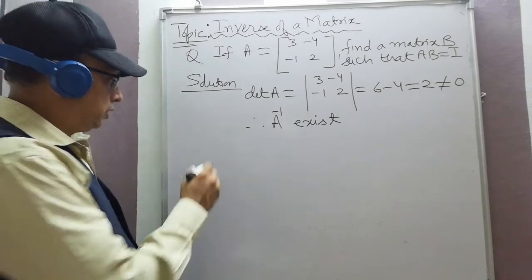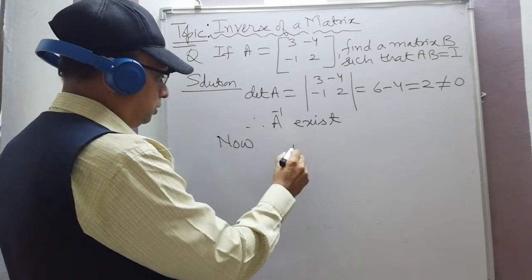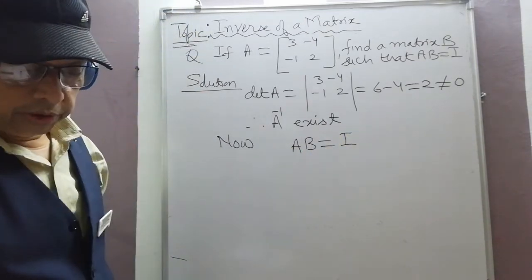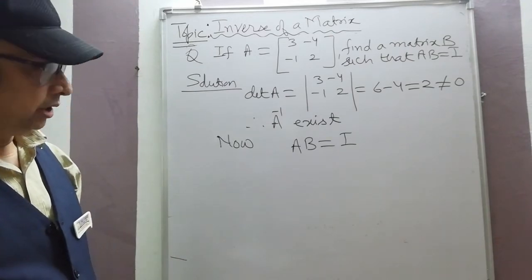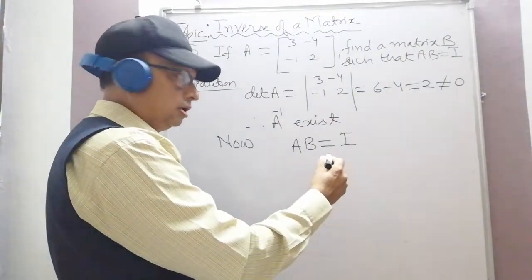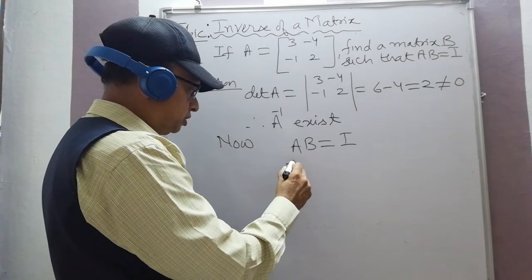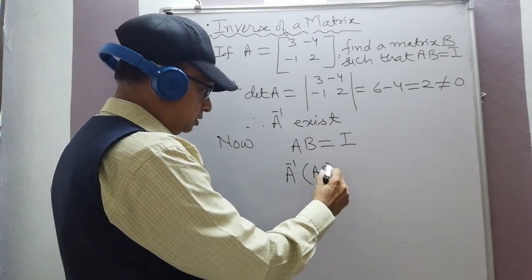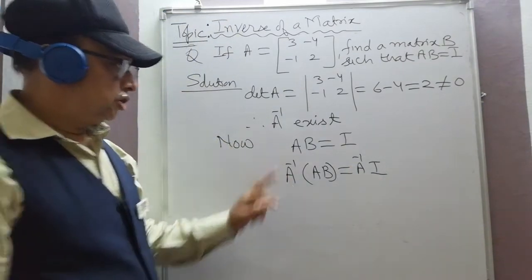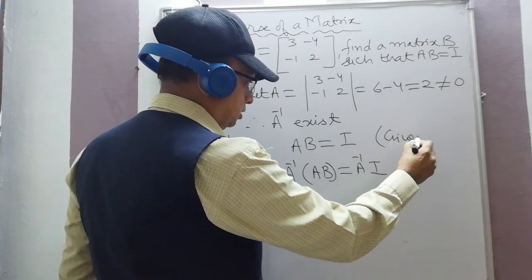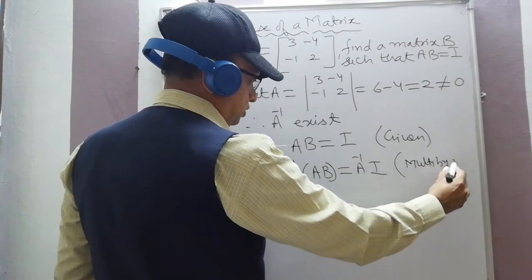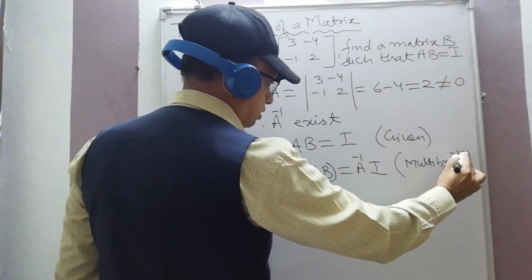Now, what is given to us? AB is equal to I. This one is given to us. I am using some algebra here. I am multiplying both the sides by A inverse. You write it here, given, and here you write, multiply A inverse on both the sides.